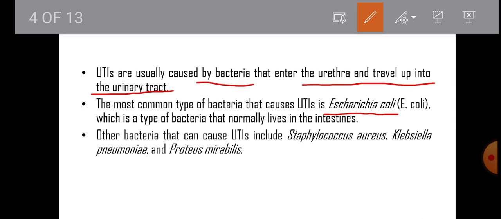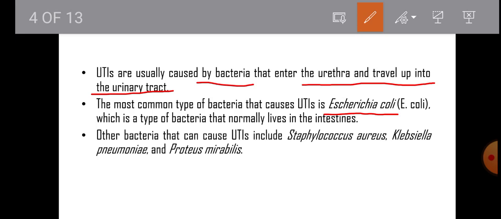E. coli is called an opportunistic pathogen. When the immune system of the host is reduced, at that time this bacterium, this normal inhabitant of the intestine, E. coli, will transform itself into a pathogen.